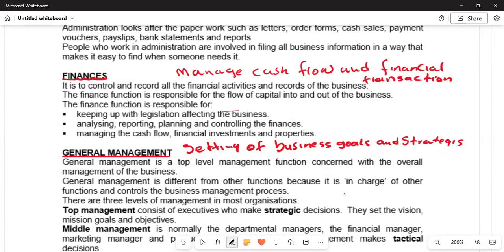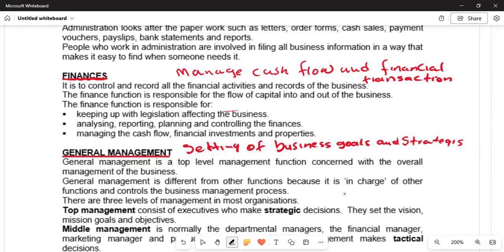You're going to set the business goals and strategies whereby they can be demonstrated by developing a comprehensive business plan, setting key performance indicators, trying to establish a clear vision and mission statement for the organization. That is how we are going to set the business goals and strategies.